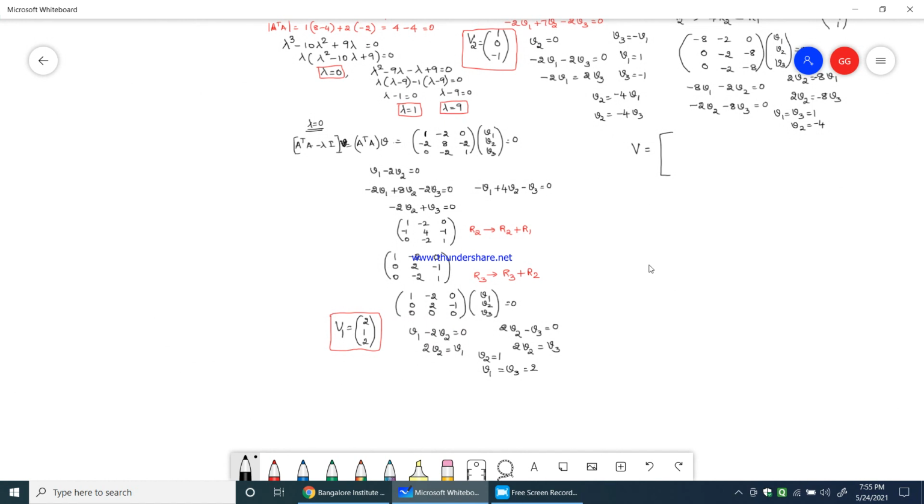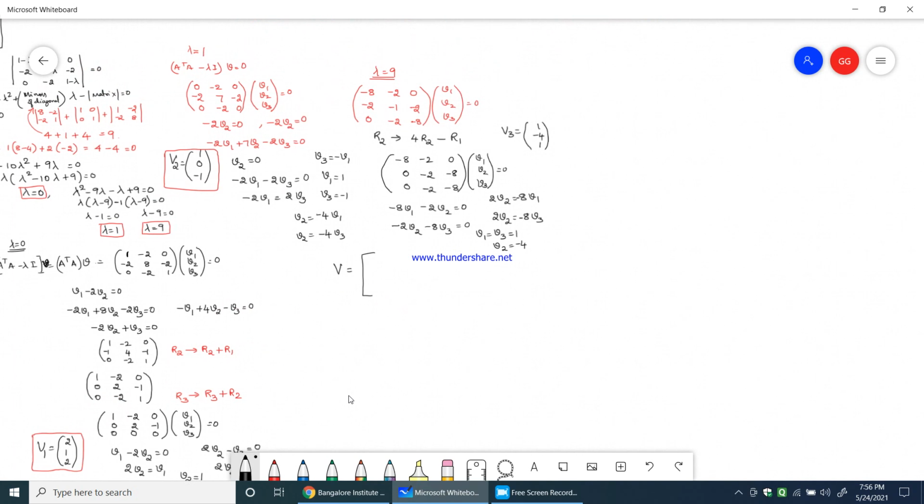So it is 2, 1, 2. So the first vector is 2, 1, 2. Second one is 1, 0, minus 1. And the third one is 1, minus 4 and 1.